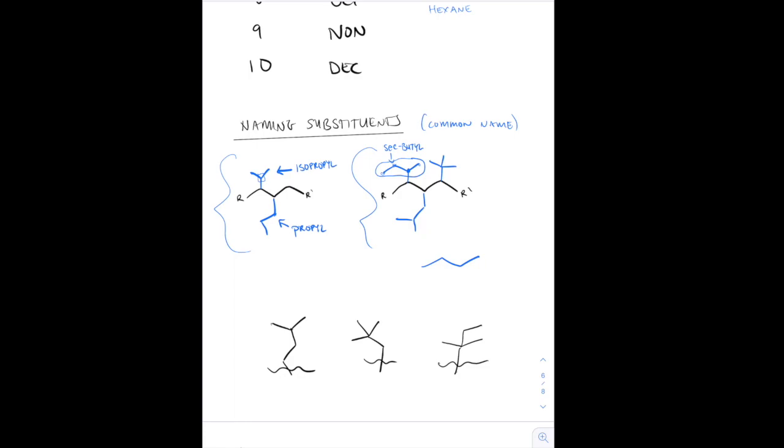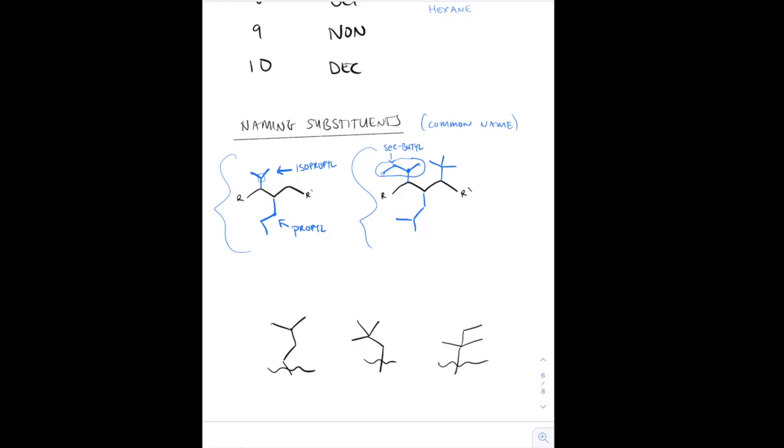If we were looking at butane, for example, this carbon is a secondary carbon, and that is why it's called sec-butyl, because sec stands for secondary. I also wrote sec in lowercase letters, because I don't know how to draw in italics. If you do, then you're fancy.